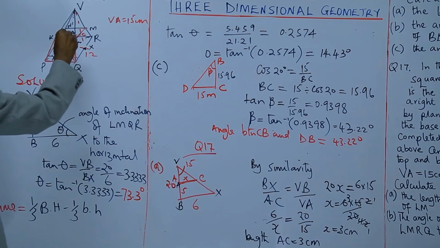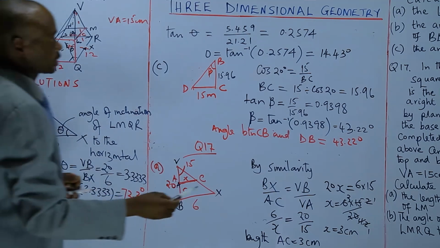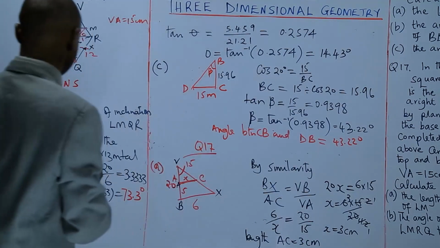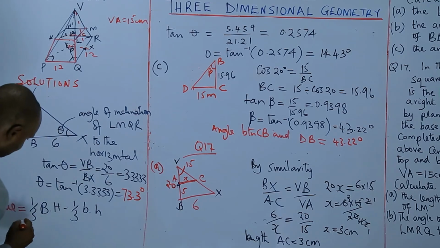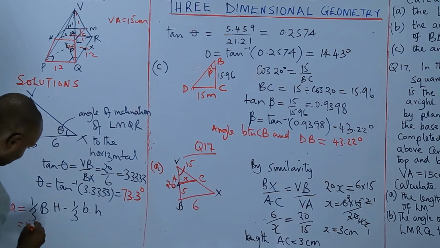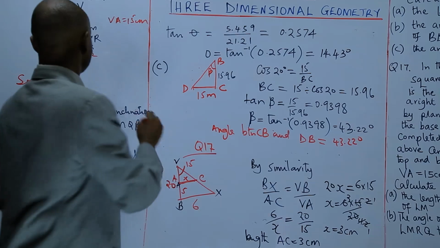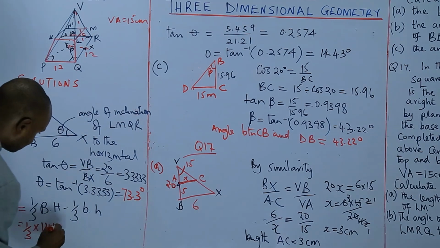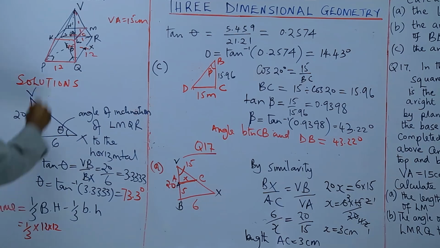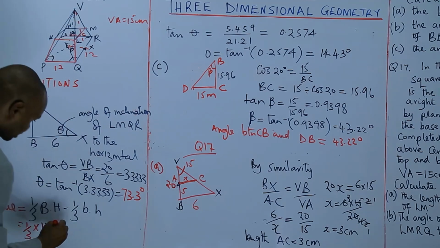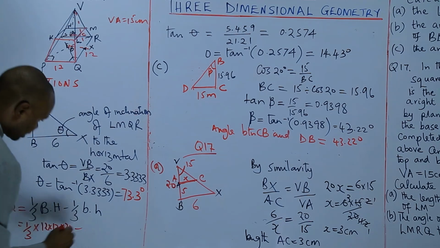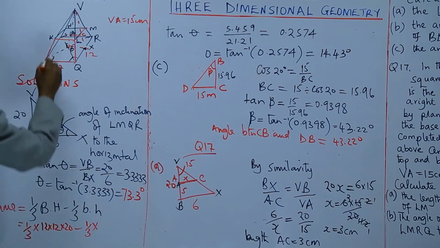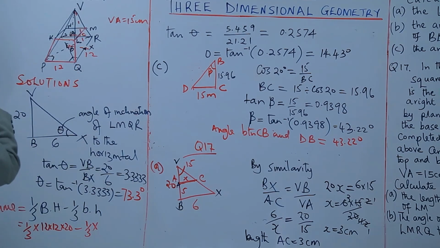So the small height is VA, which was given as 15. So I'll just substitute. A third, the base area of the bigger one is 12 times 12. The complete height is 20. Subtract a third times the small base area here.